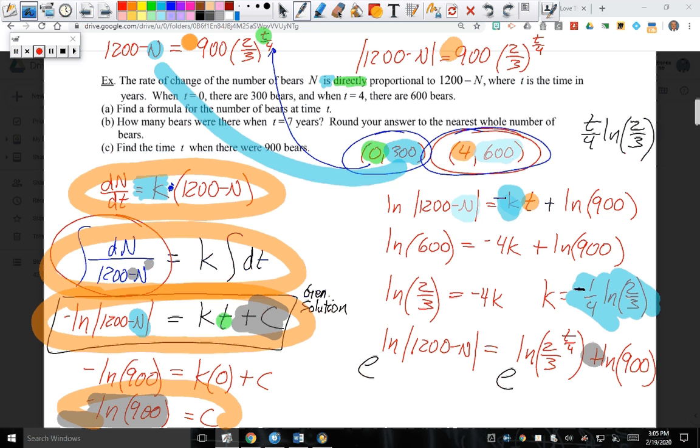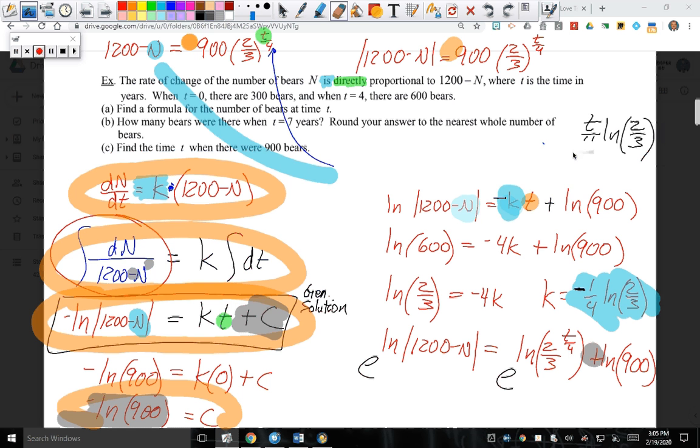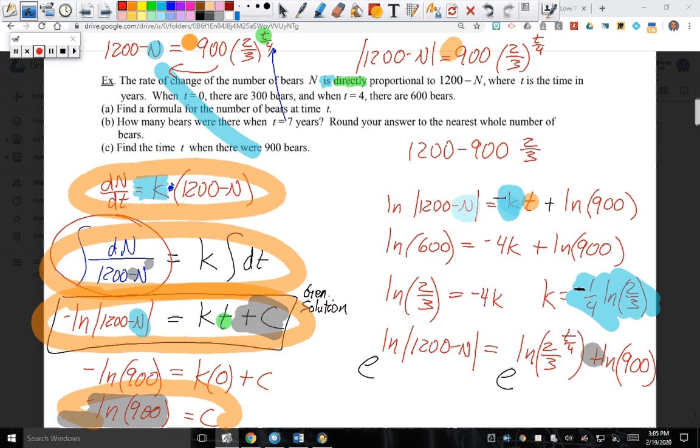Okay, so let me go ahead and make some room for that, because I'm wanting you to show all this work so that you can get the full points, because we max out on these questions. They're easy, easy money makers. Let's subtract 900 to the left side. So you have 1200 minus 900 to the power of t over 4.